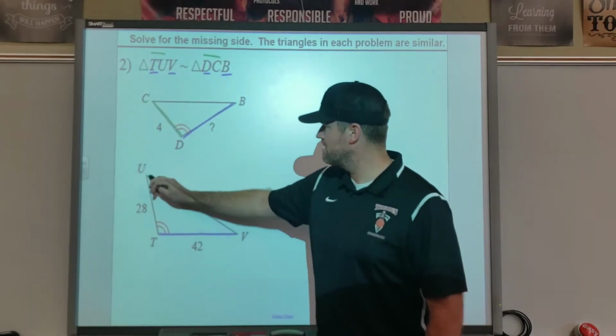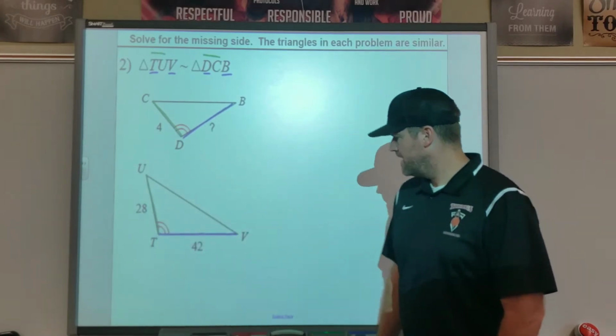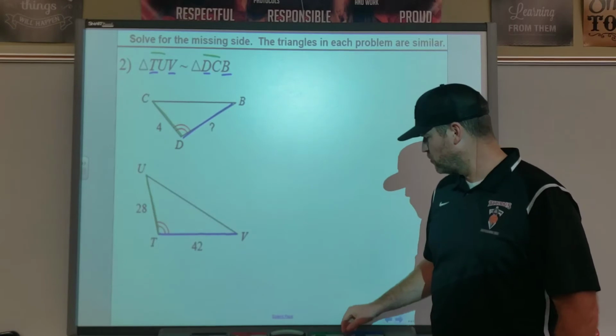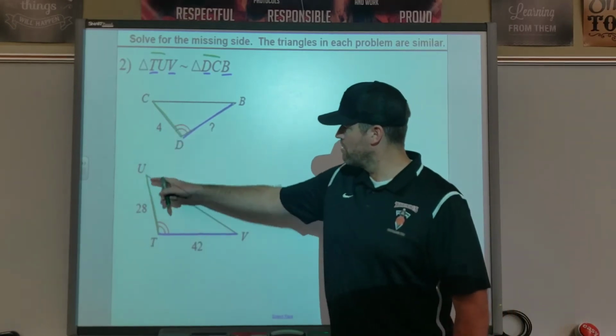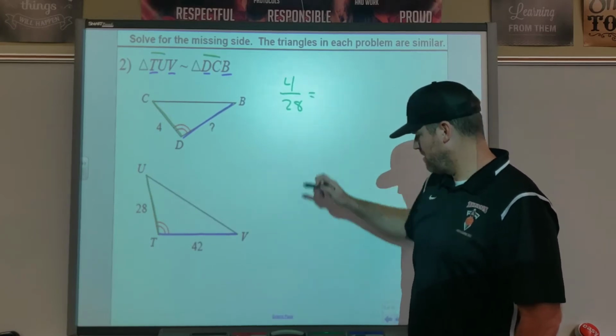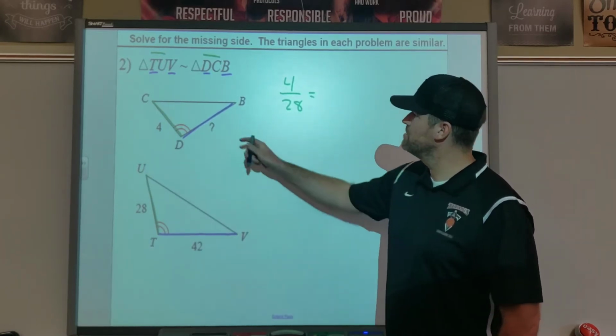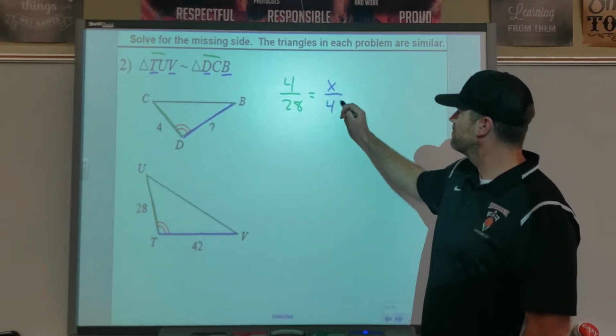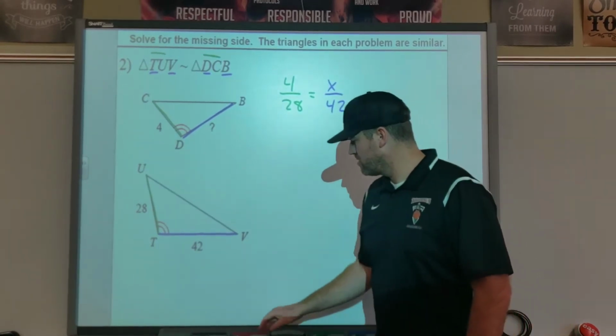So UT is right here. And let's go ahead and do the corresponding pieces together. So I'm going to go ahead and do green over green. So 4 over 28. And then blue over blue. So X over 42. And then I can cross multiply.